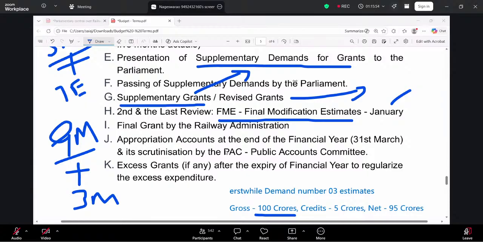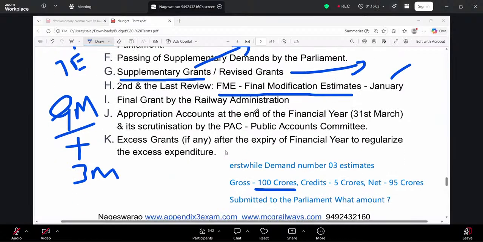Tell me, Ashish Verma, quick. Sir, this year, the FME note is demanded by the Railway Board. Repeat. The Railway Board has not demanded the FME. No, it is only an adjustment by the Railway Board within the administration.